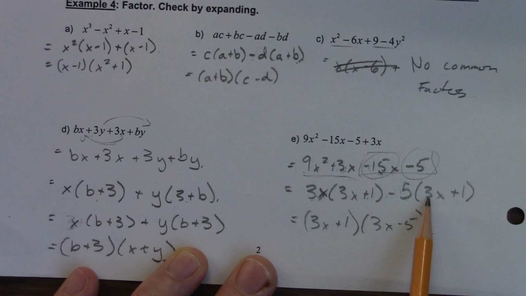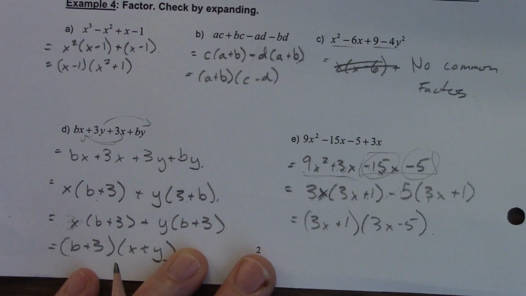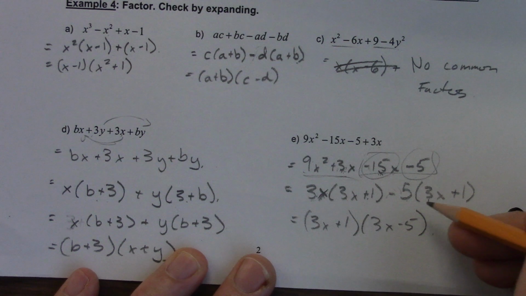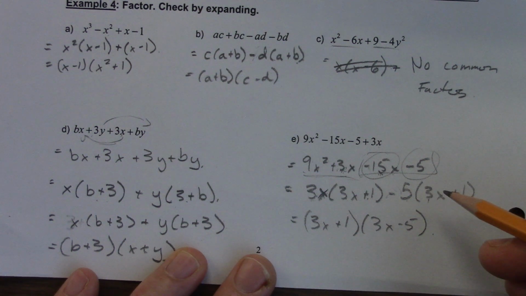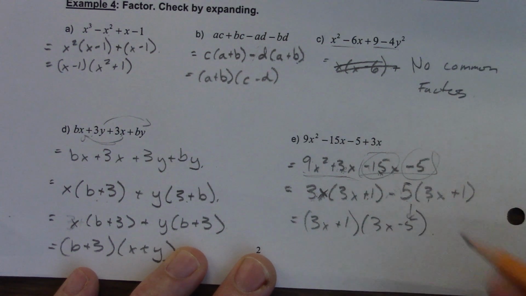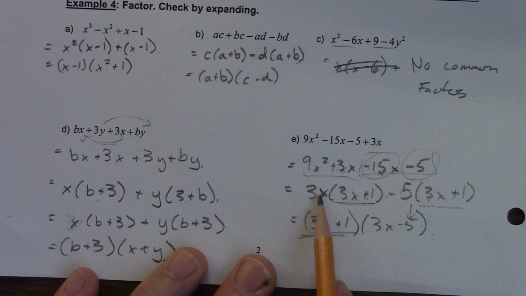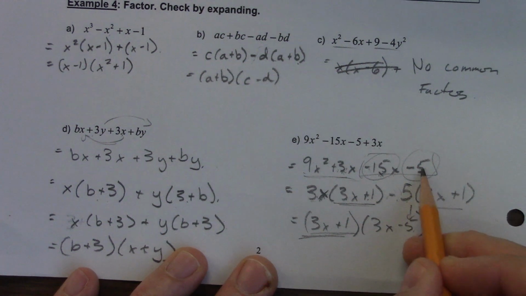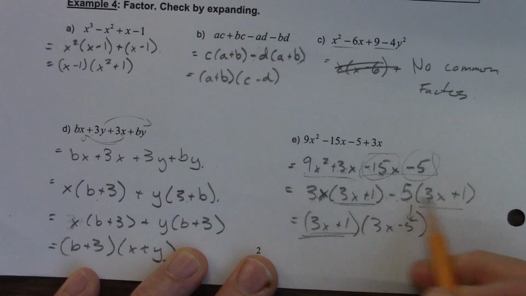Are they not like intergrouped because of their sign? What do you mean? Then where did the negative 5 come from? This negative 5 came here. Because I factored out the 3x plus 1 comes here. And then what's left? 3x minus 5. This one? Negative 5 divided by negative 5 is plus 1. Oh.